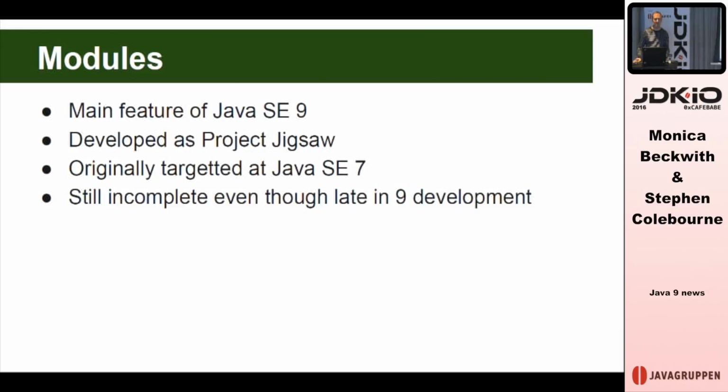So this gives you some indication that it is a complicated feature, that it is going to affect the way you run code on the JVM, and they have to balance the question of keeping it compatible, so you can just take your existing code and run that, but still provide a way to move forwards in a new modular world.